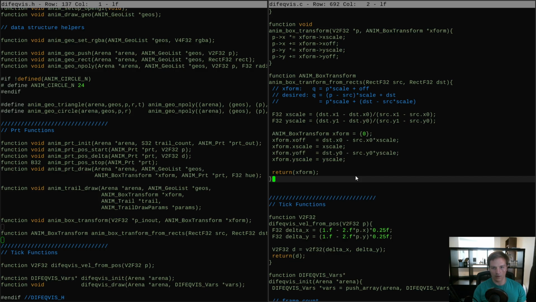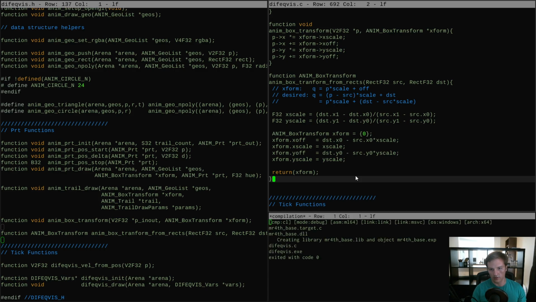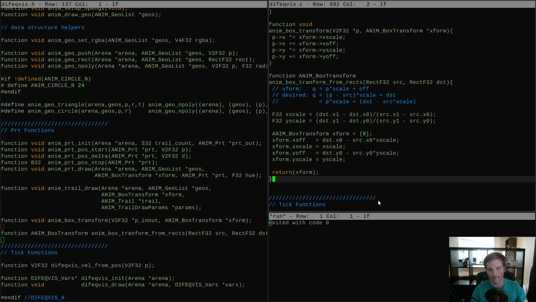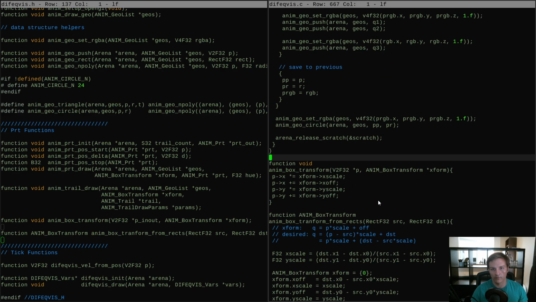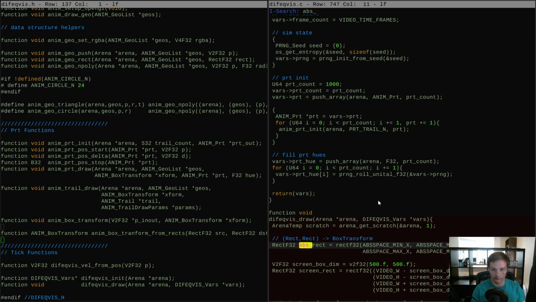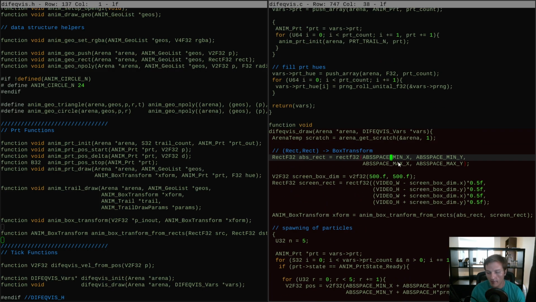All right, so if I did that right, then it should be calculating the transform from those rectangles. So there it's doing that. That's good. Now the question is, my absolute rect could be different.